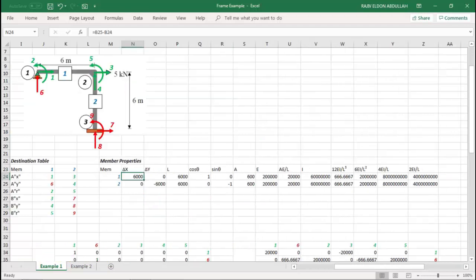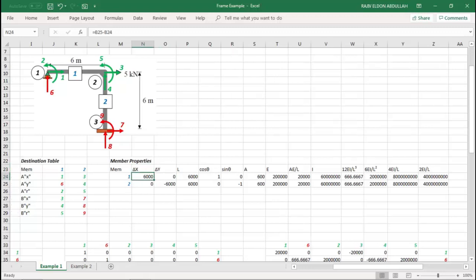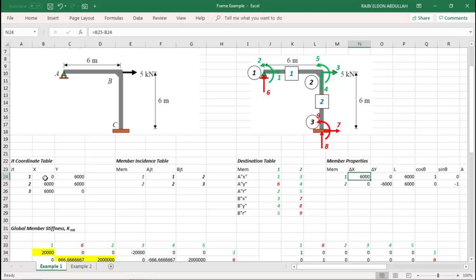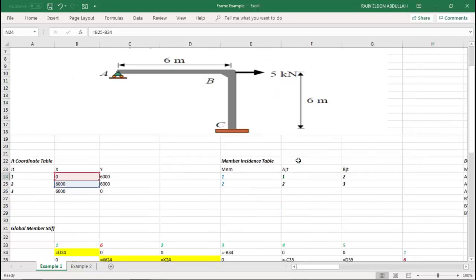Next, you need the member properties. It's a bit long, but you need all of this information anyway. So you list down the members. You have 2 members. You get delta x and delta y. So again, it's just a matter of subtracting the x coordinate of the far end and the near end joint. So I'll show you the formula. It's something like this.